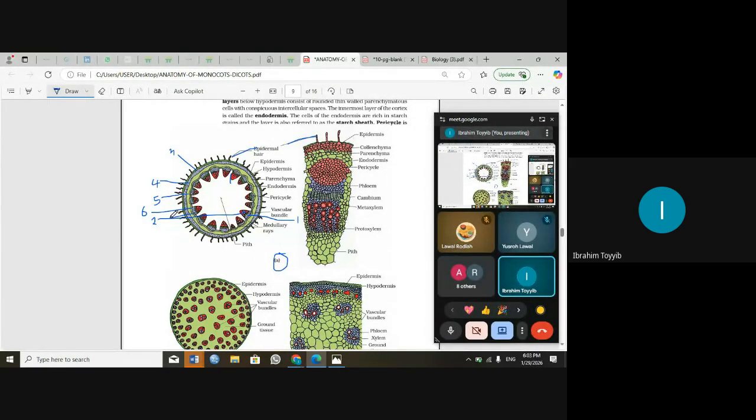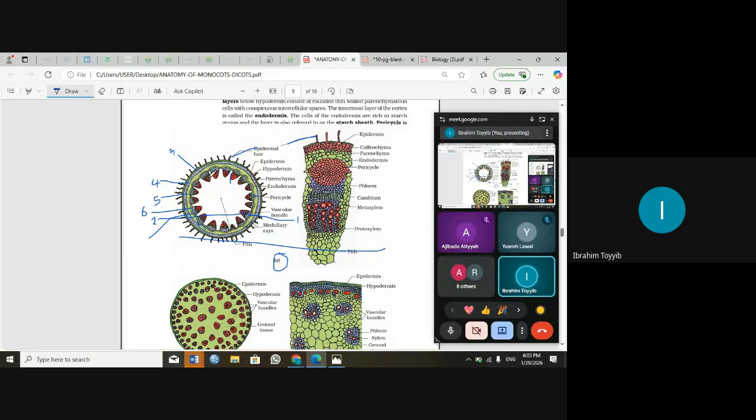This thing, this curve, that is the pericycle. Endodermis. Yes, I'm talking about this place. We have mentioned the endodermis before. Now, this is the dicot stem.